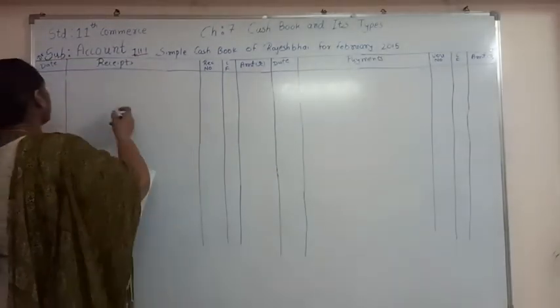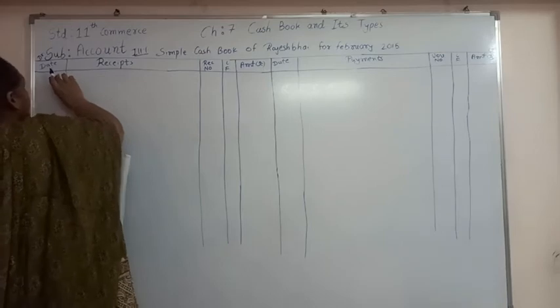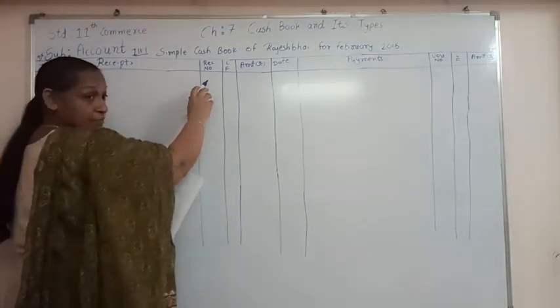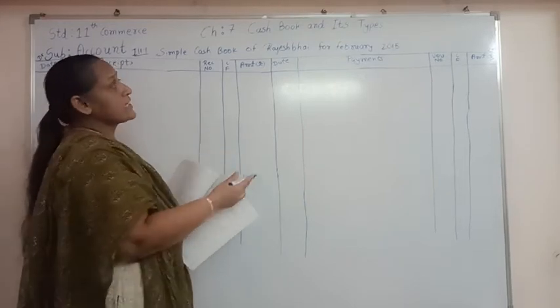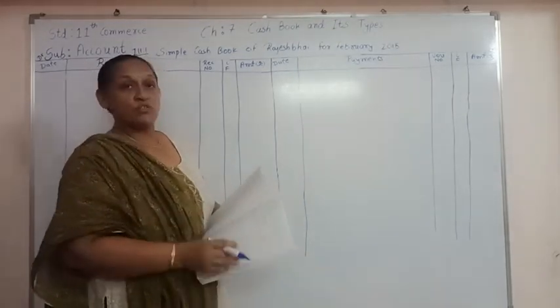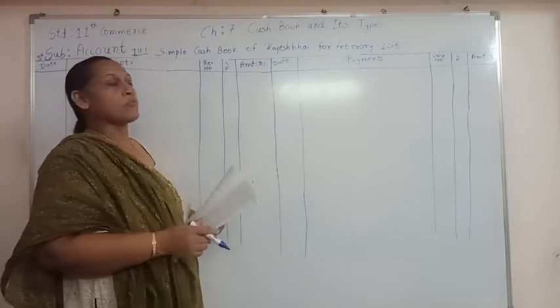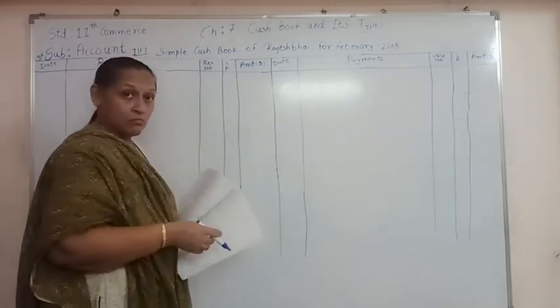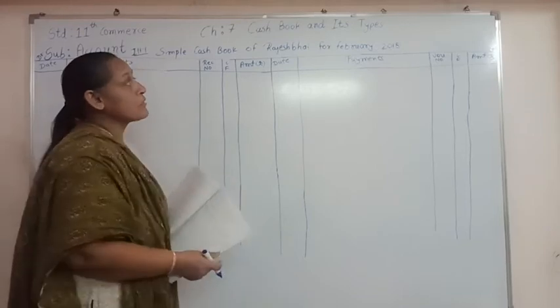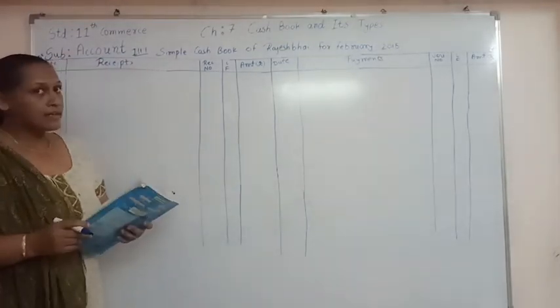Here we are going to prepare columns called date, receipts, receipt number, ledger folio, amount, then on the credit side date, payment, voucher number, ledger folio and amount. Again we have to write debit and credit on both sides. This is how we are supposed to prepare a simple cash book.